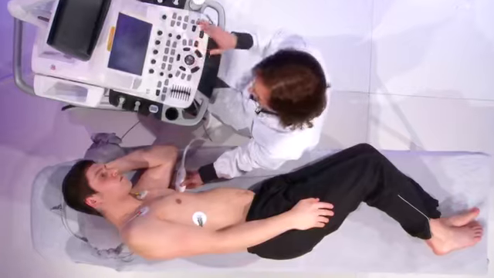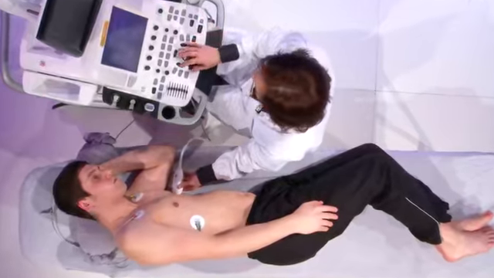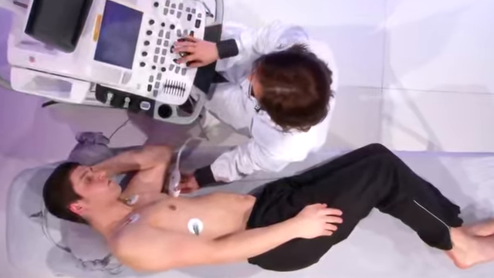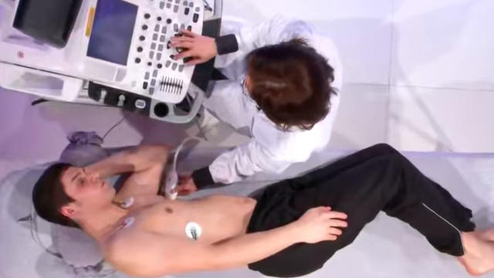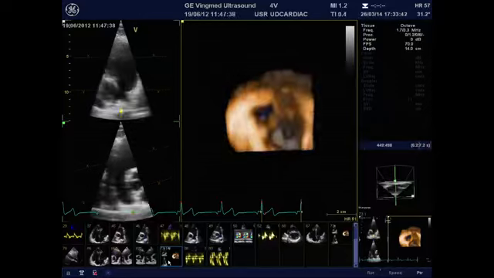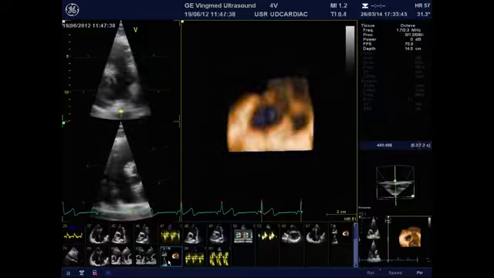And then if you want, even if it's challenging, and it is the most challenging to assess from the transthoracic approach among all the valves, we can try, if the quality of the images is appropriate, to obtain an en face view of the pulmonary valve, like in this case.